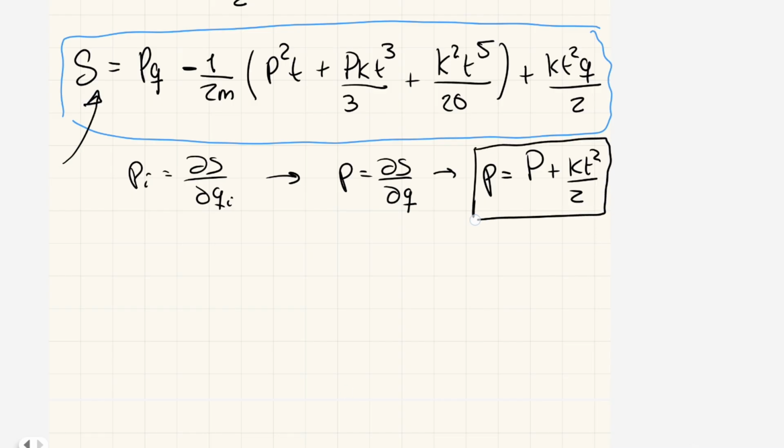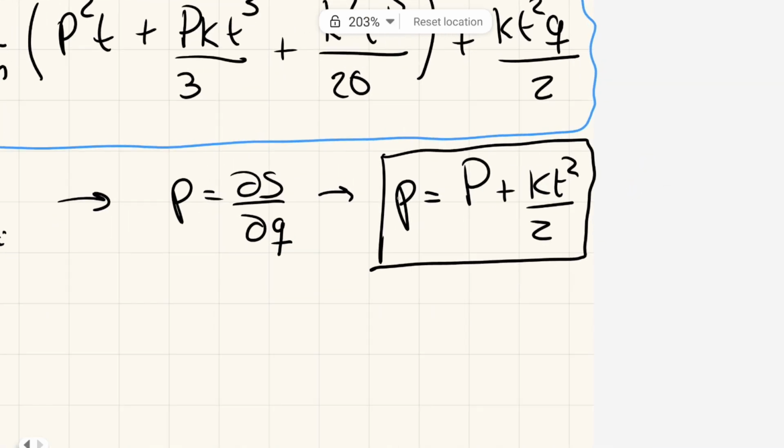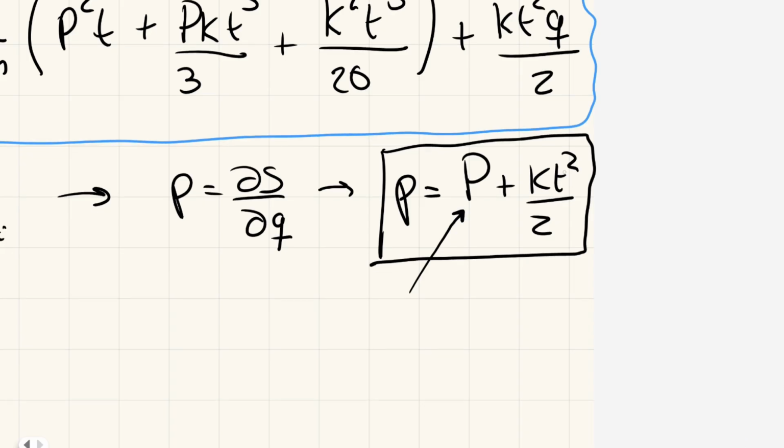So we have this first result. And recall that this p depends on P, which is a constant, and the time. So this is one of the solutions of the Hamilton equations already.